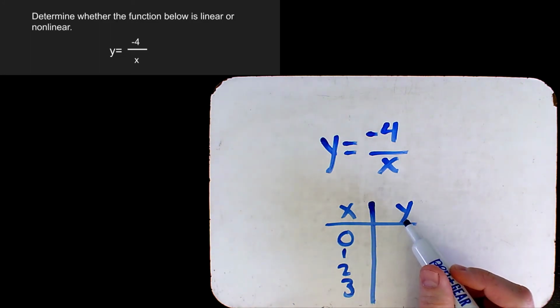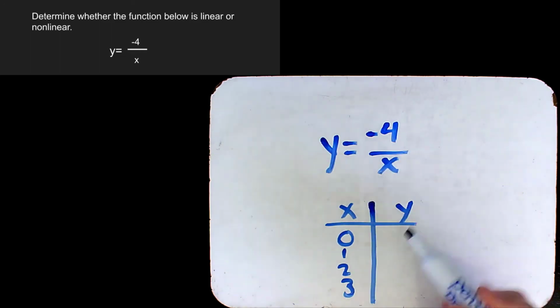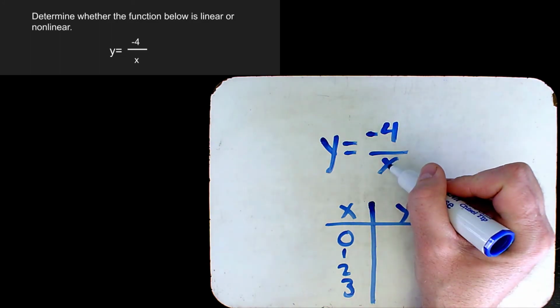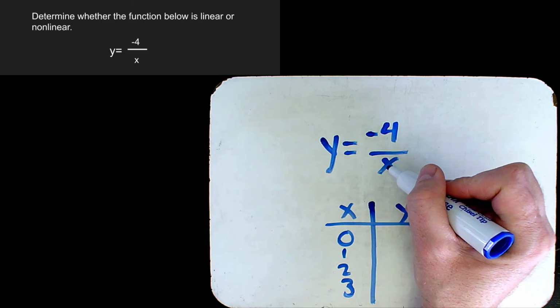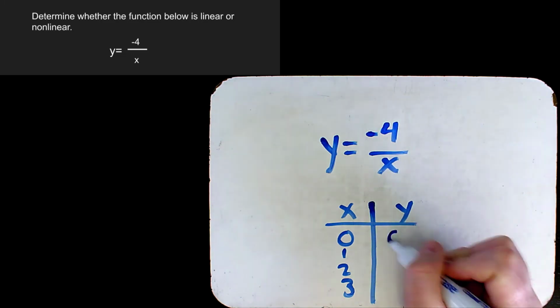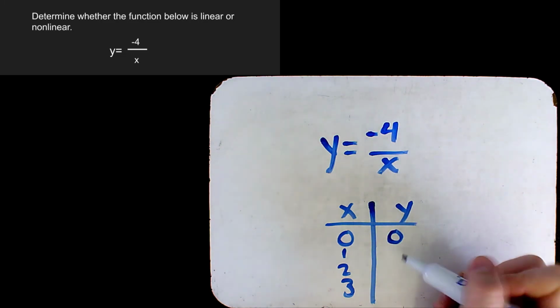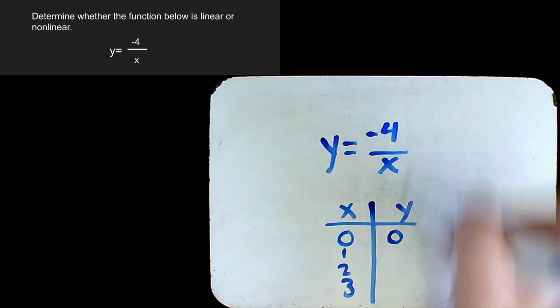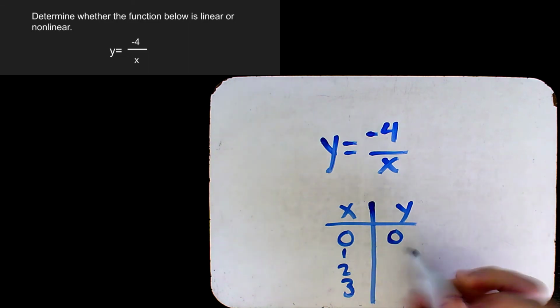Now, the y is a dependent variable because it has to follow what the equation says. So now that I've said x is 0, if I plug 0 in for x up here, -4 divided by 0 is going to get me 0. Now, if I do -4 divided by 1, well, that's going to get me, I believe, -4.